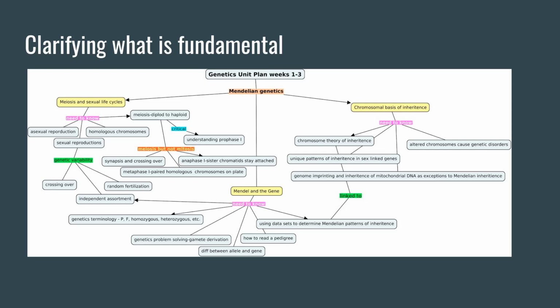This is a concept map for probably a living environment unit on genetics, and somebody has laid out the concepts and the relationships between the concepts, and we can see that there's a flow from Mendelian genetics to sexual reproduction to the introduction of the notion of a gene and the chromosomal basis of inheritance. So very straightforward. It clearly includes many of the key concepts, and that's one approach to determining what's fundamental.